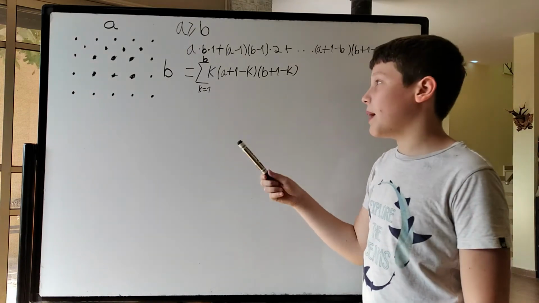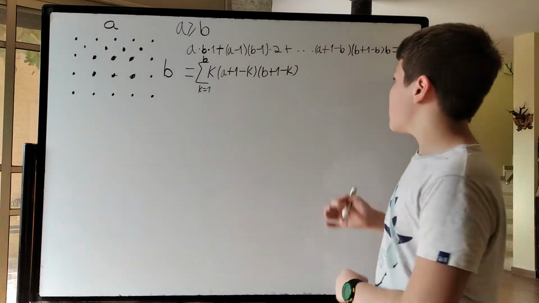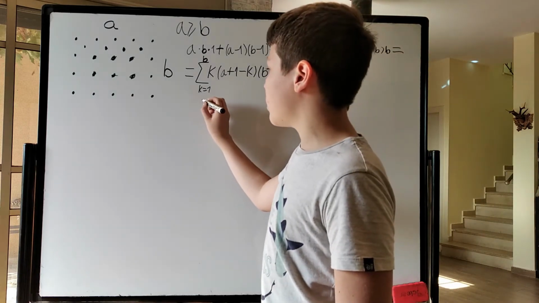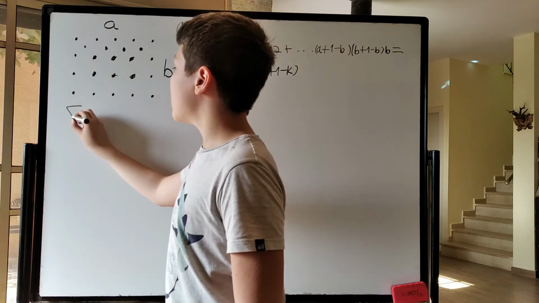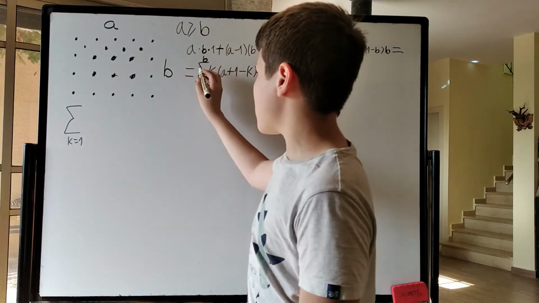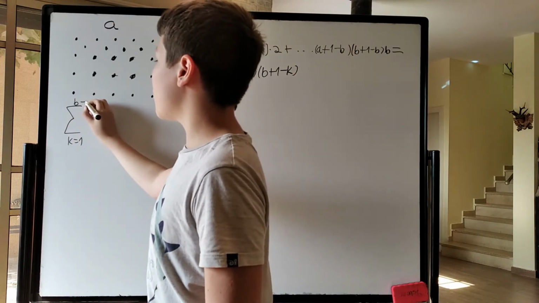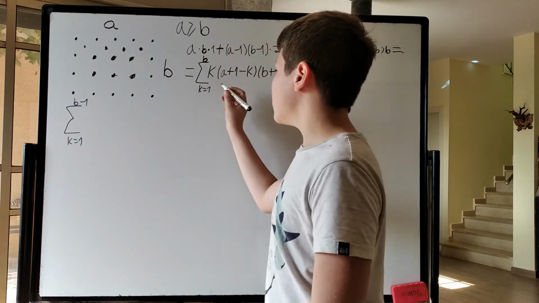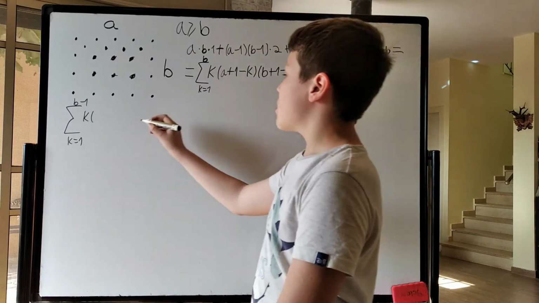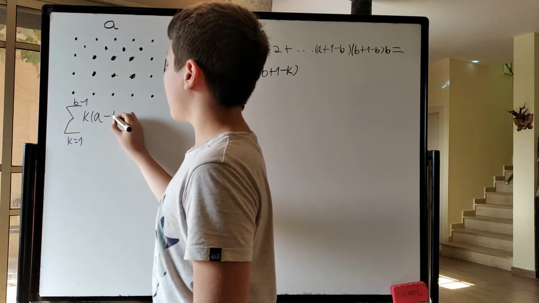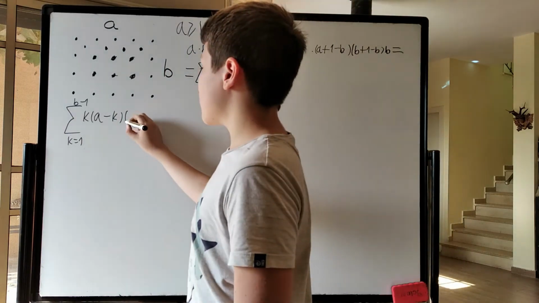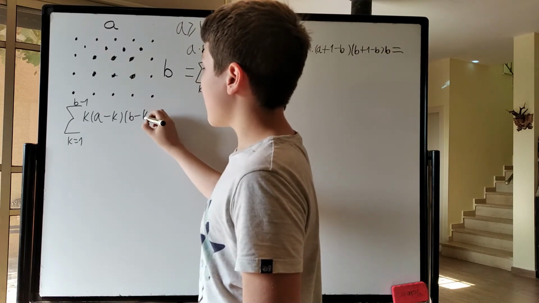A plus 1 will become A, and B plus 1 will become B. So the sum that actually will give us the answer is the sum as K goes from 1 to B minus 1, since it was before B, now B turned to B minus 1, and then times K. A plus 1 will turn to A, so A minus K, and B plus 1 will turn to B, so times B minus K.